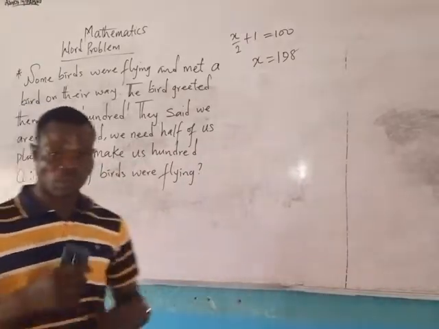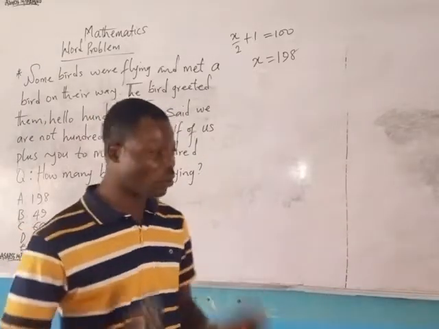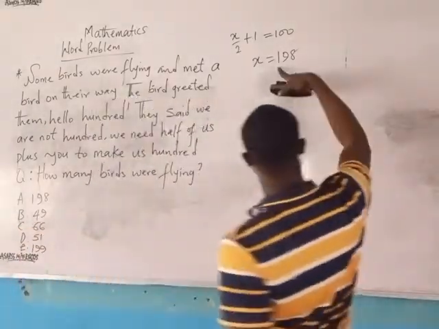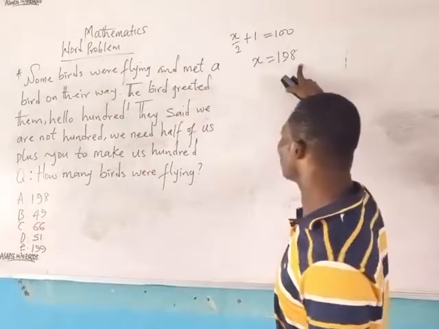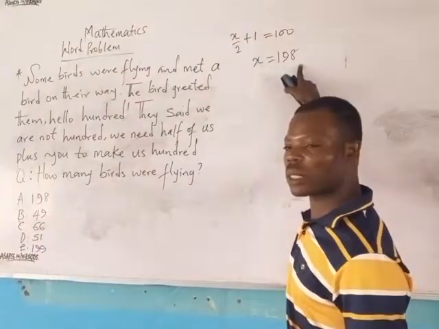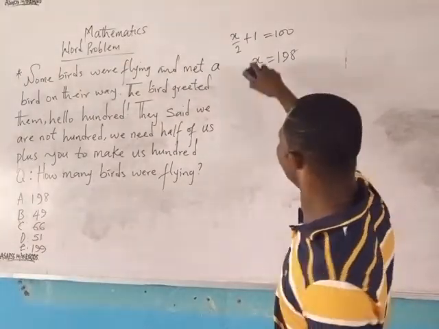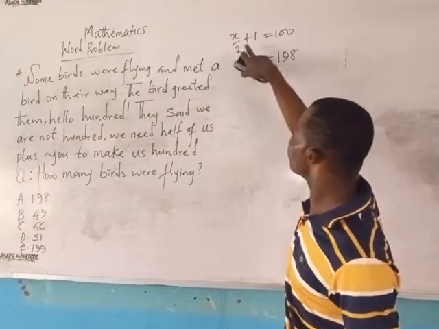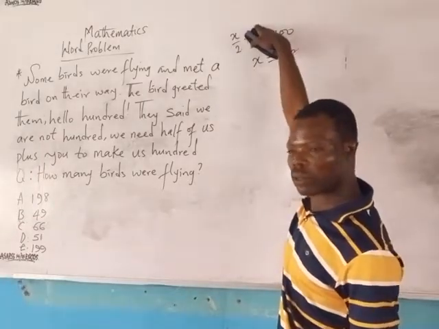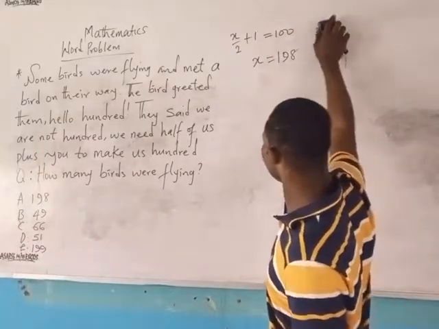It means those birds flying are not 100 yet. So this 198 is very wrong. We cannot take it. We can't say half of them plus that single bird is equal to 100.